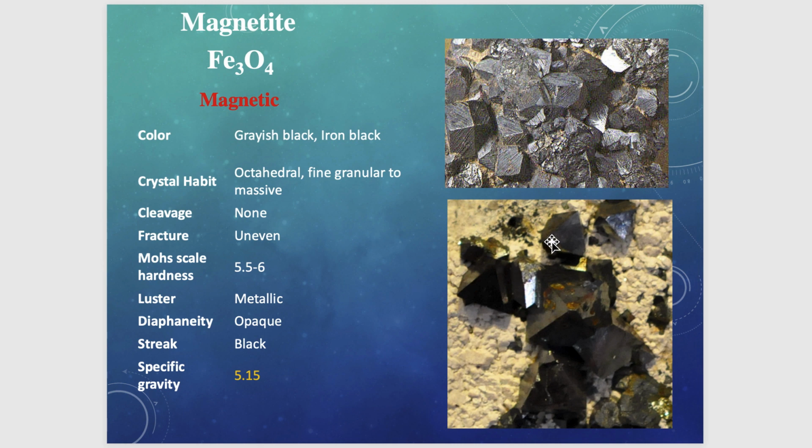But you have beautiful octahedrons, quite hard, 5.5 to 6. Some of the spinels have gemstone quality, like the one that has magnesium and aluminium. So the spinel sensu stricto will be gemstone quality in many instances.